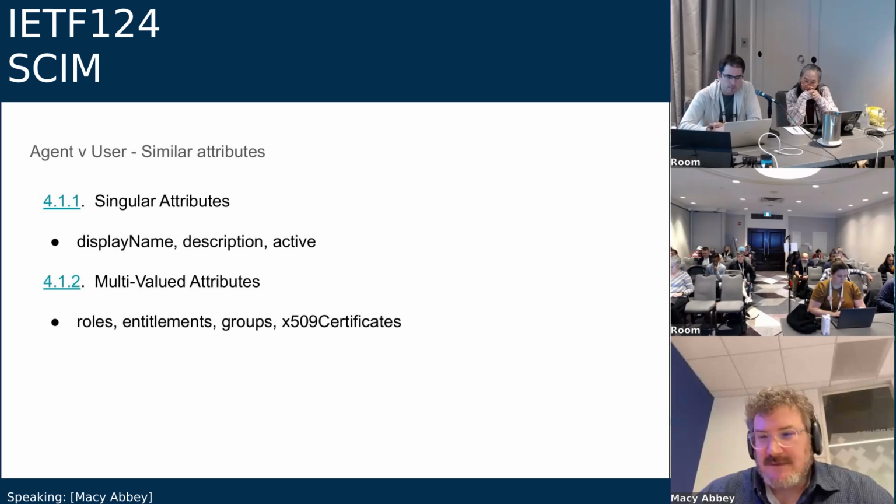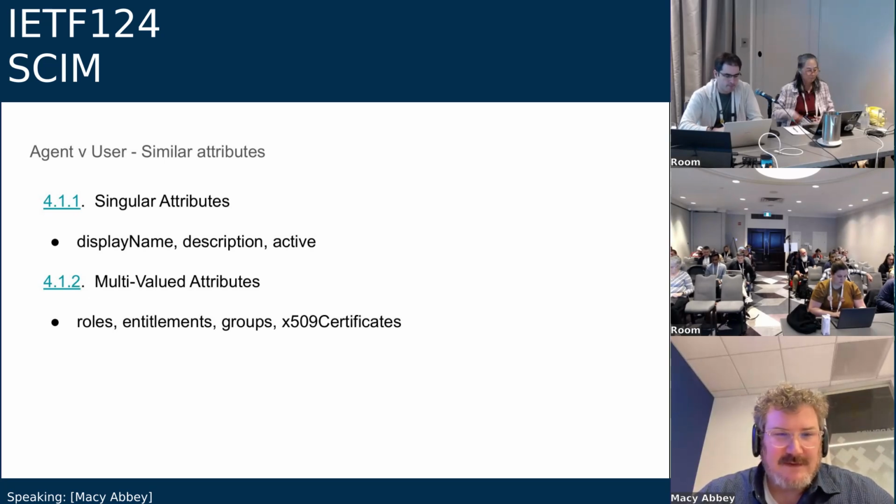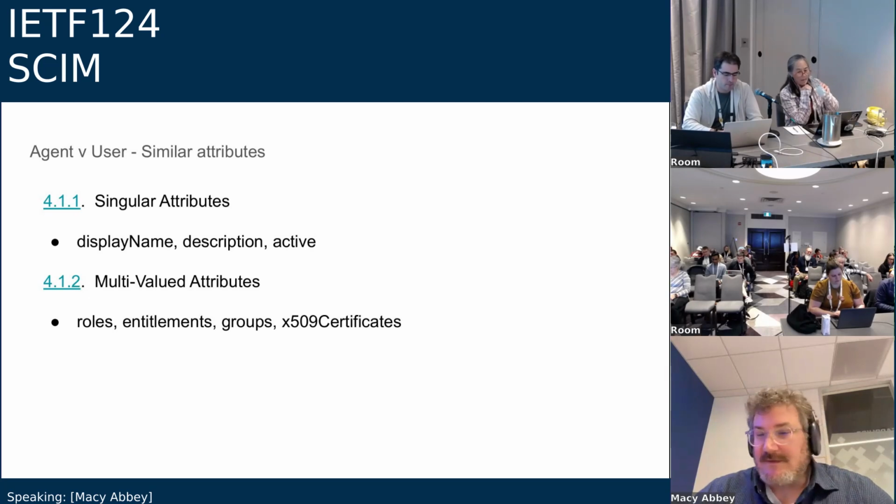Similar attributes: if you look in the proposal, you'll see these attributes included for agents as well. So display name, relevant; description, relevant; active, also relevant. And then multi-valued attributes included roles and entitlements, because it is very relevant to know what administrative roles this agent does or should have, as well as entitlements.